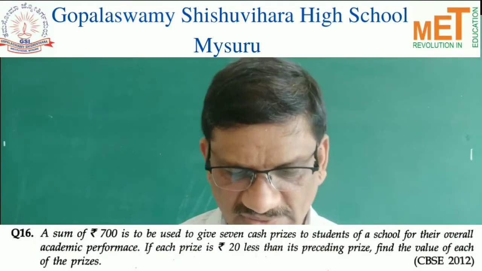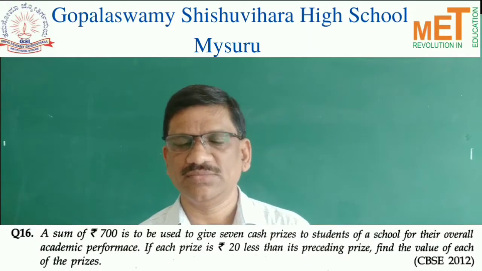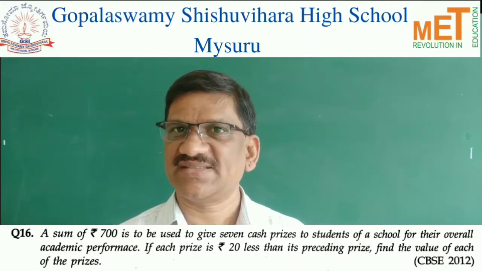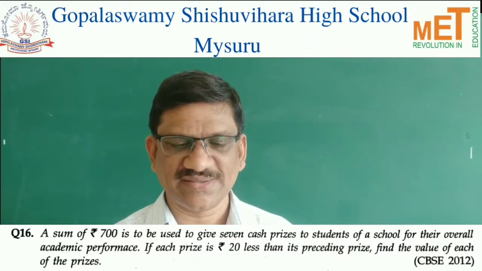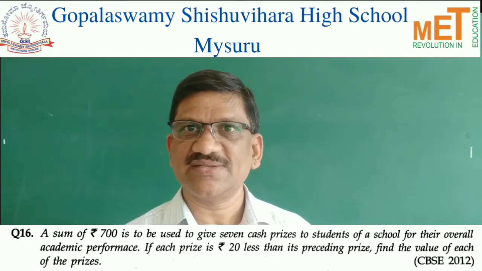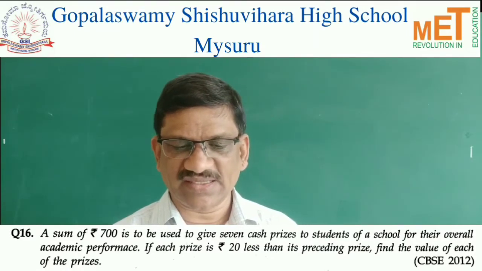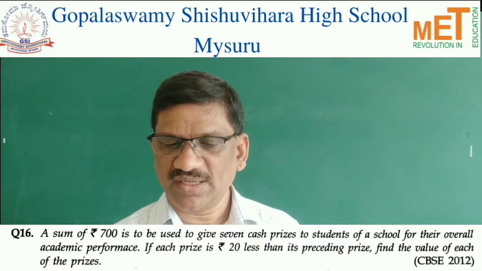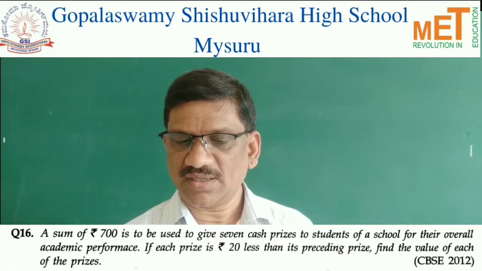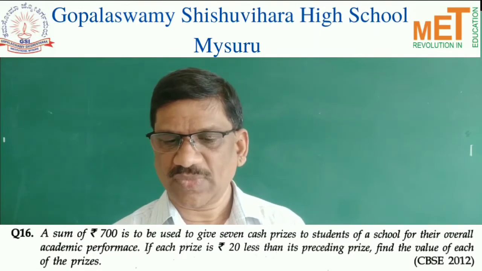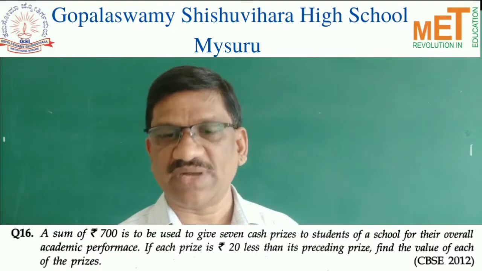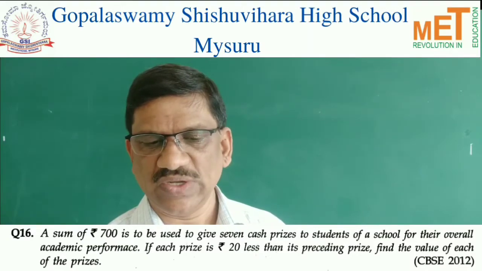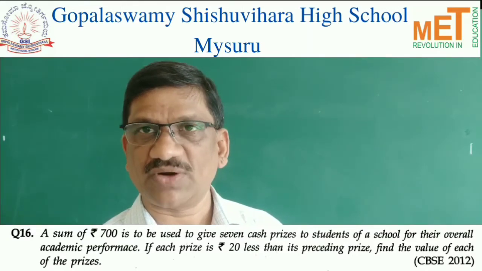Okay, children, we shall continue now for the next sum, that is the 16th sum in this exercise. So, what does it tell us? Let us see. A sum of rupees 700 is to be used to give 7 cash prizes to students of a school for their overall performance.